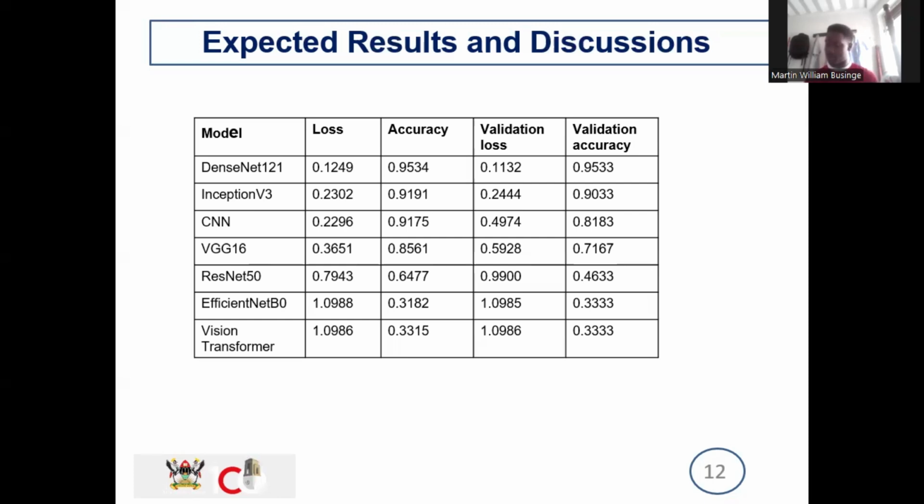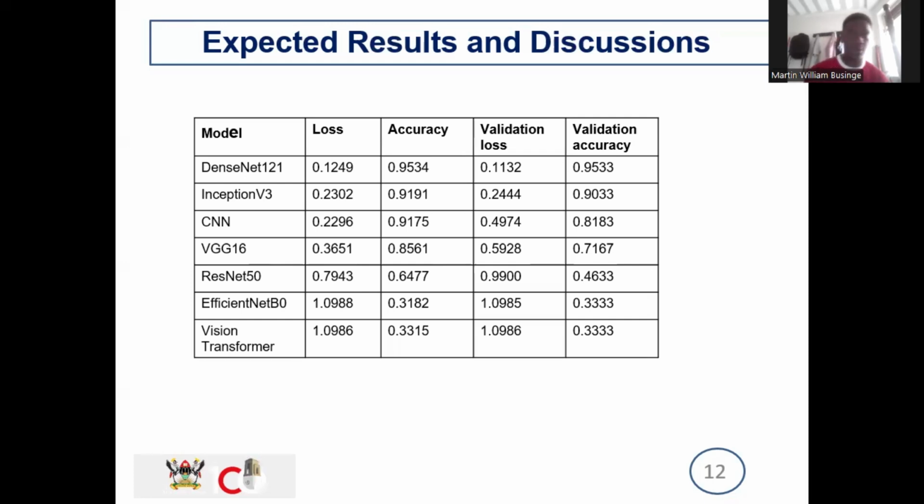Therefore, we can conclude that DenseNet121 and InceptionV3 were excellent in prediction performance for both training and validation, and EfficientNet-B0 and Vision Transformer have poor accuracy and high loss, so maybe they were not suitable for their function.